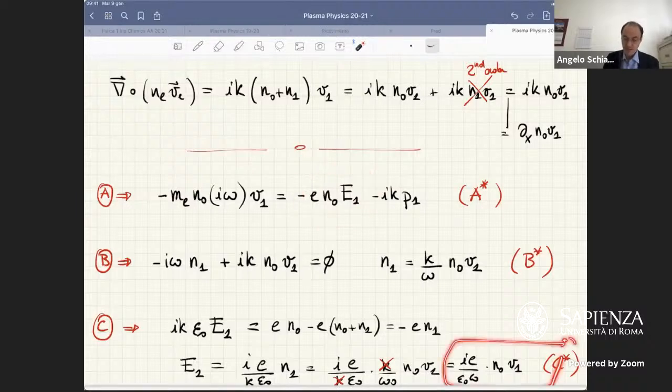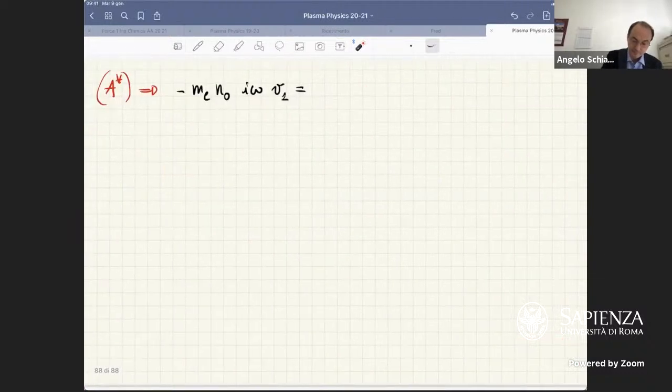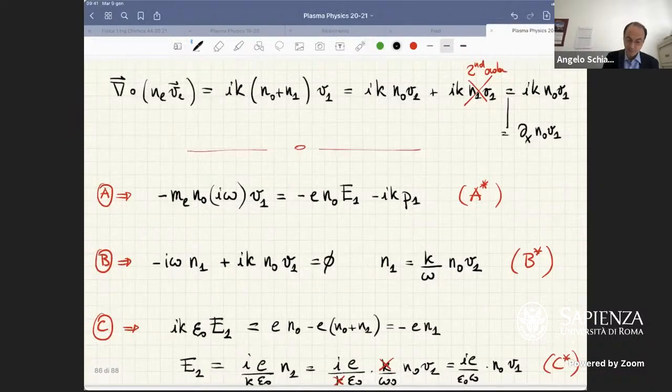So we have minus e n0 and E1, which I just copy.